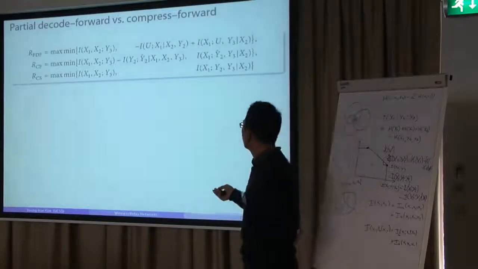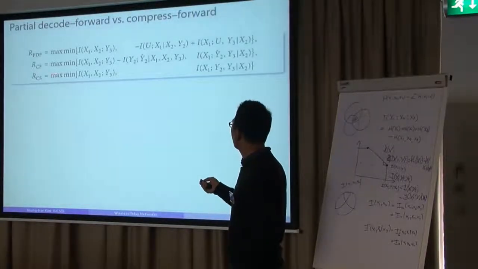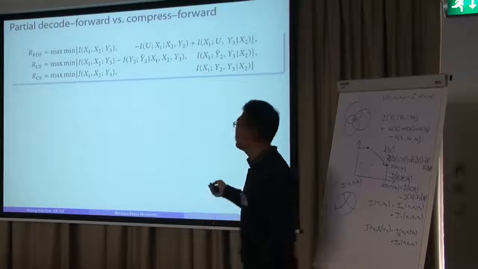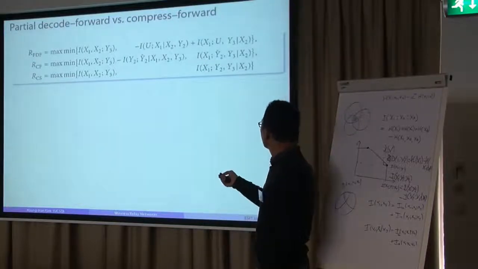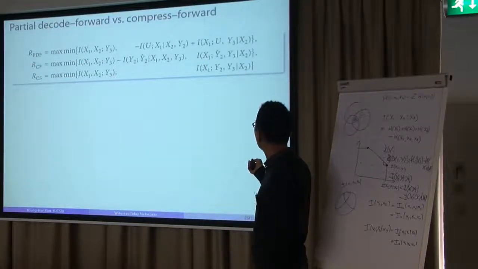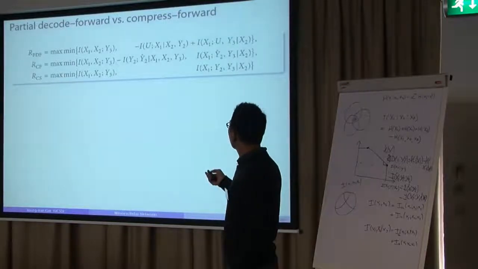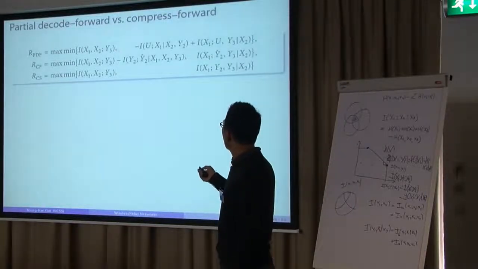So this is a comparison between partial decode forward, compress forward, and the cut-set bound. So this is our cut-set bound, right? The MAC bound and the broadcast bound. Okay. And for the case of partial decode forward, the MAC bound was as before. The broadcast bound now had U instead of Y2, and there was some penalty term.